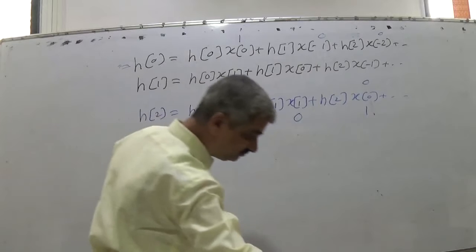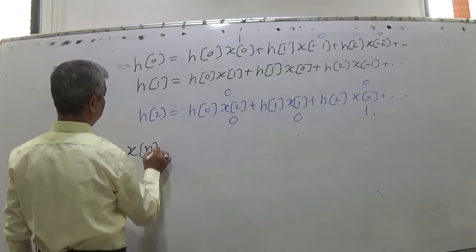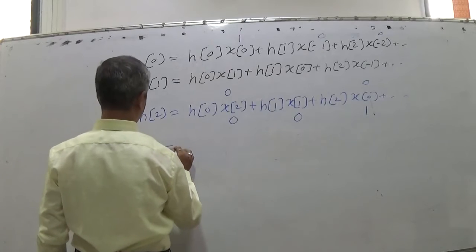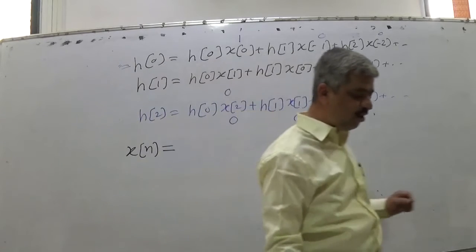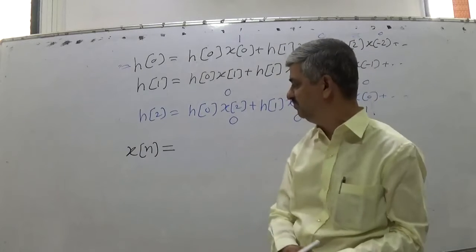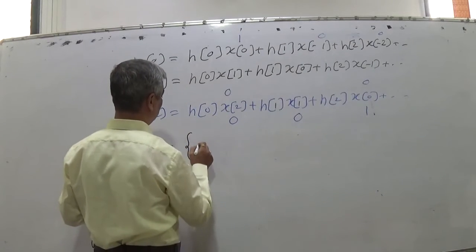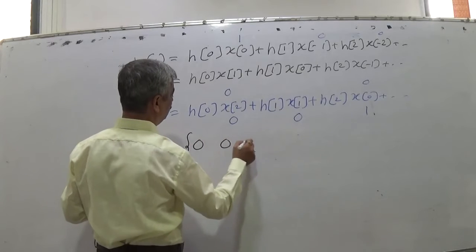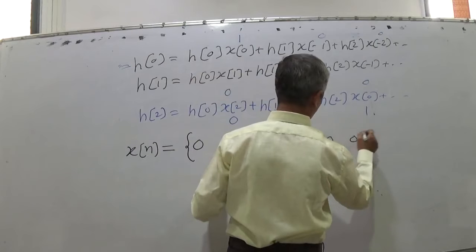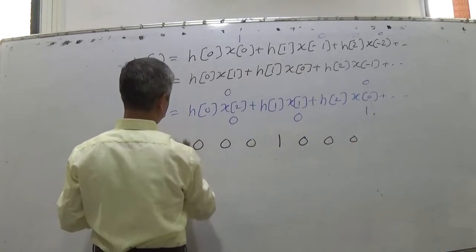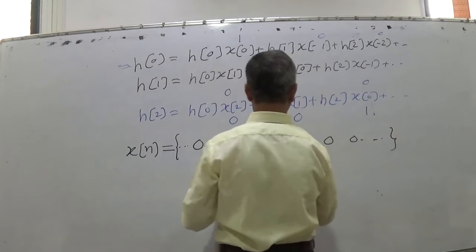Whereas here I got a special sequence xn such that it is 0, 0, 0 on back side, 1, 0, 0, 0 on front side, and I put this arrow.